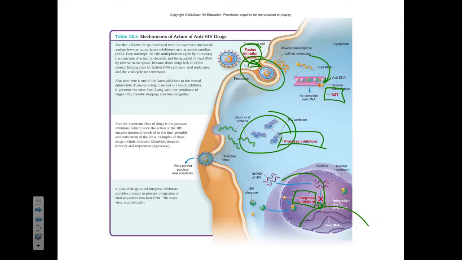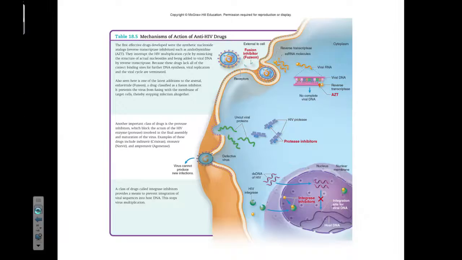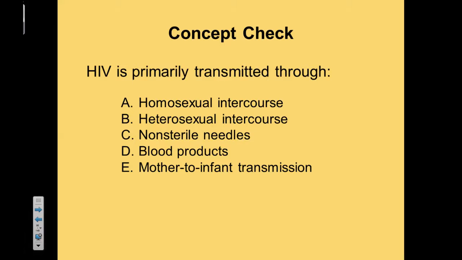So we're attacking HIV on multiple fronts. Before it gets into the cell, before it replicates its genome, before it processes its genome, and before it hides or integrates its genome within the host cell. And as new drugs hit the market, we can attack the virus on these 4 fronts multiple different ways to help reduce the development of AIDS from HIV and extend the lifespan and the quality of living for individuals that are infected with HIV.